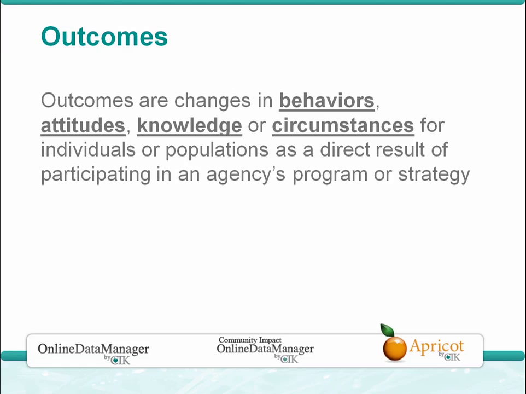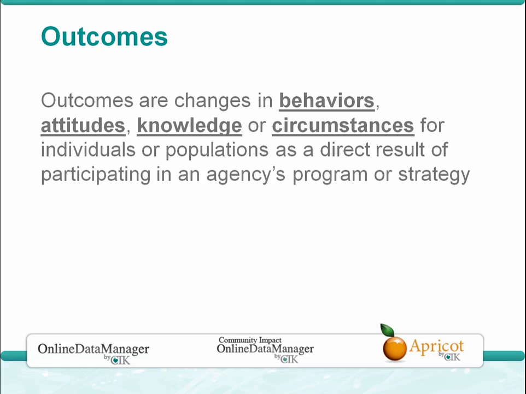The next definition is outcomes. And outcomes are changes in behaviors, attitudes, knowledge, or circumstances for individuals or populations as a direct result of participating in an agency's program or strategy, or a strategy that you're implementing. So the key to outcomes is that it's changes in behaviors, attitudes, knowledge, or circumstances.